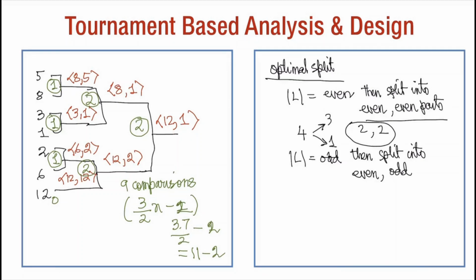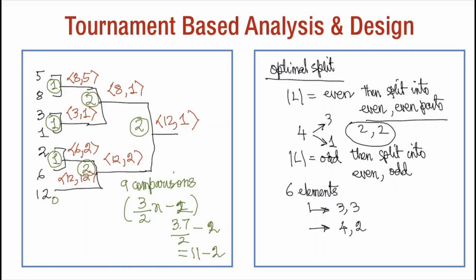And I leave it to you to think. For example, suppose you had 6 elements. You had 2 choices. One is you could split it up as 3, 3, or you could split it up as 4, 2.